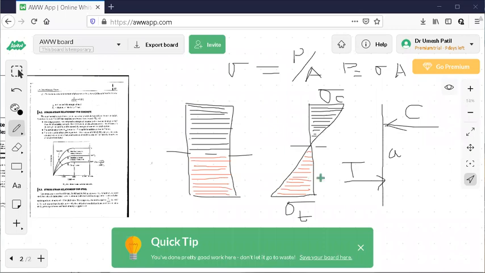The total is capital T. So the total tensile force produced in the tension zone is capital T. The total compressive force produced in the compression zone is capital C. So this is how a couple is formed by the beam. It is very important basic knowledge.